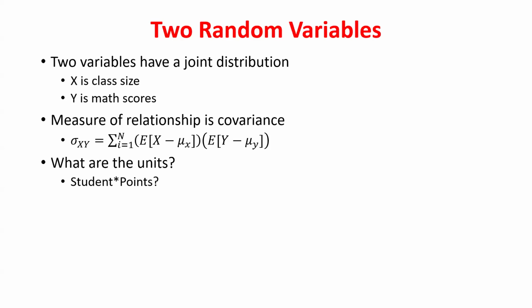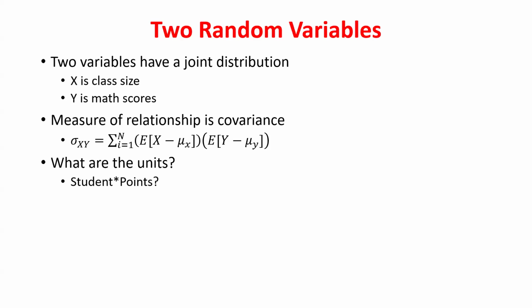Okay. Now, for some observations, I might see someone with below average class size, but an above average test score. This would actually give me a negative value that I would add in, because that one observation was evidence that, well, when class sizes are smaller, test scores tend to be higher. Now, I'm going to do this for every single observation and then add them all up.